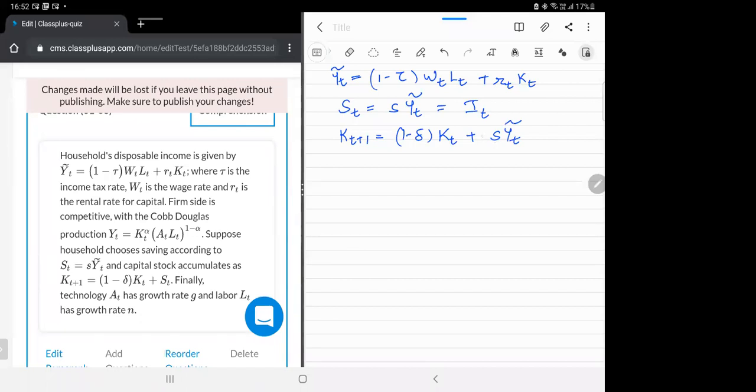All right, so here you can modify this. This is (1 minus delta) times K_t plus savings times (1 minus tau). You can basically write this function here.